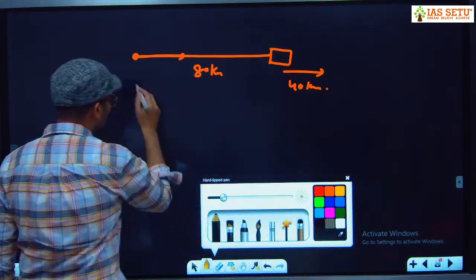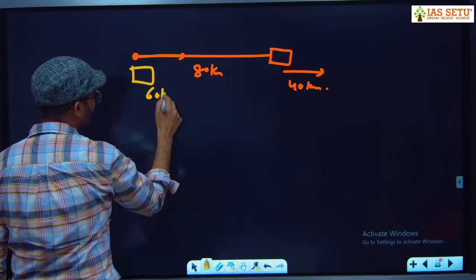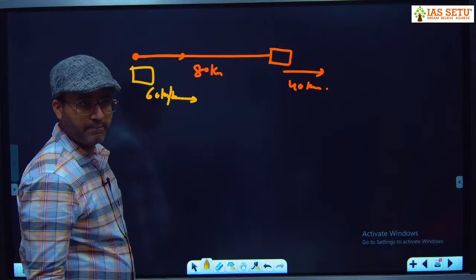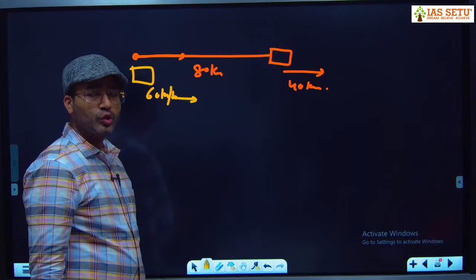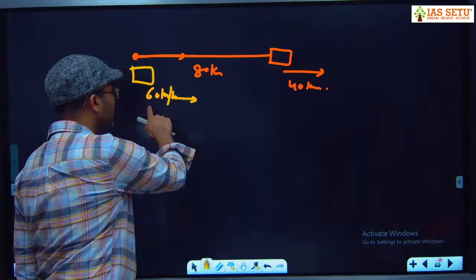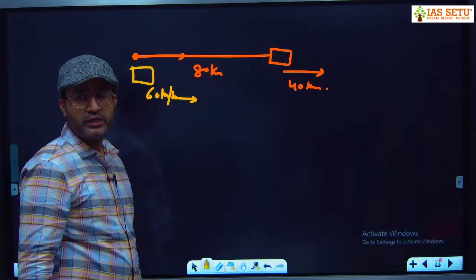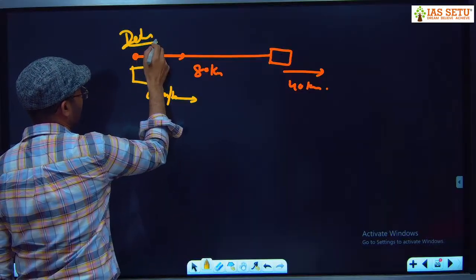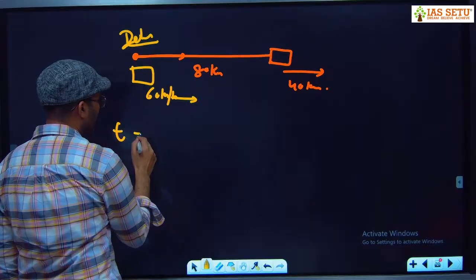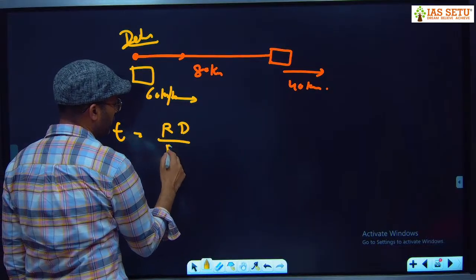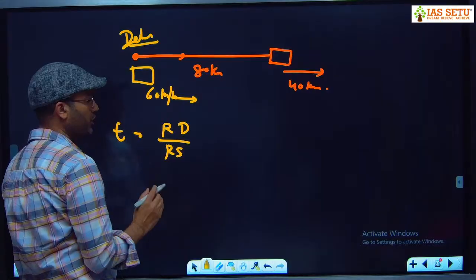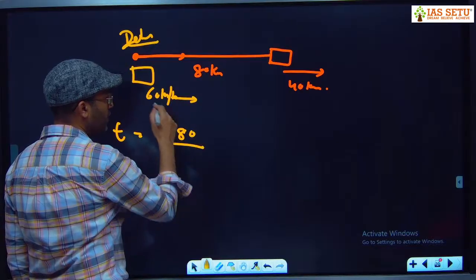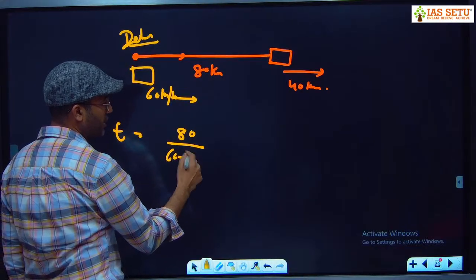Now you start your express train at a speed of 60 kilometer per hour on the parallel track in the same direction. So here, in how many hours this express train will catch the freight train or how far from Delhi? ठीक है, पहले टाइम निकाल देते हैं, फिर डिस्टेंस निकालेंगे। टाइम कैसे आएगा? रिलेटिव डिस्टेंस अपॉन रिलेटिव स्पीड, इनिशियल डिस्टेंस अपॉन रिलेटिव स्पीड। What is the initial distance between these two trains? 80 किलोमीटर। What is the relative speed? 60 minus 40.